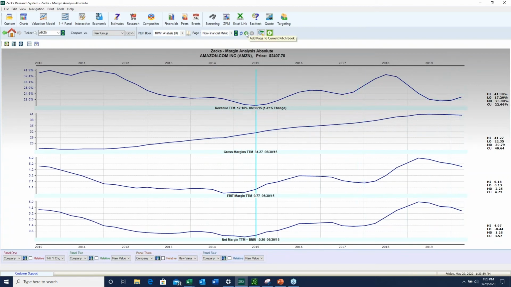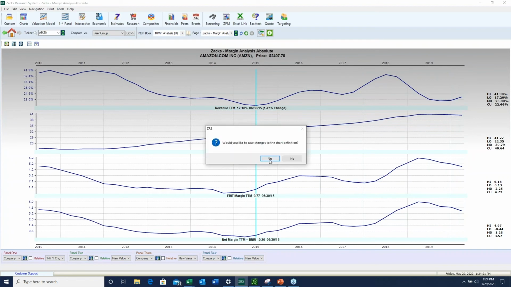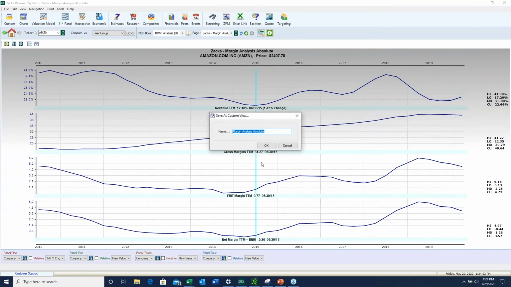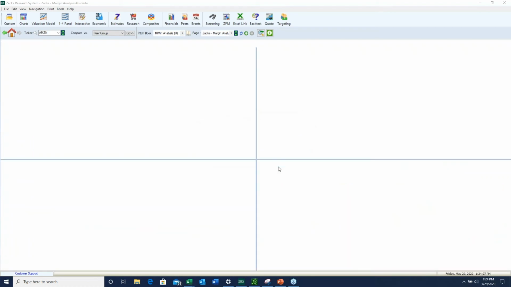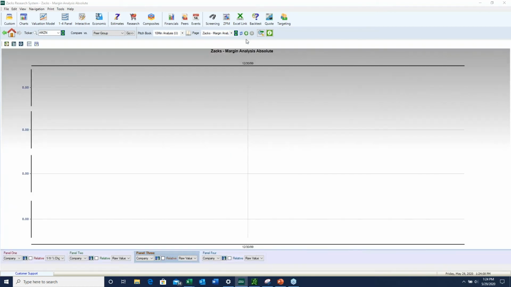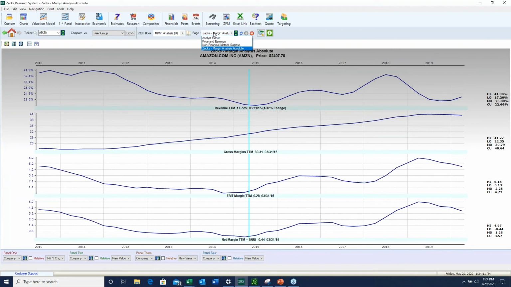So I'm going to add this here as well. So you can literally see the effect that AWS has had on their margins. So I'm just going to add that to our pitch book as well. And as you can see, we're stringing together a really nice pitch book here of these critical views.